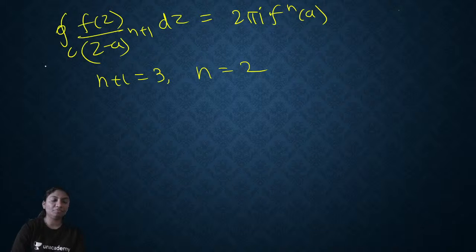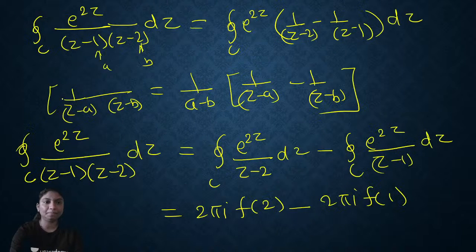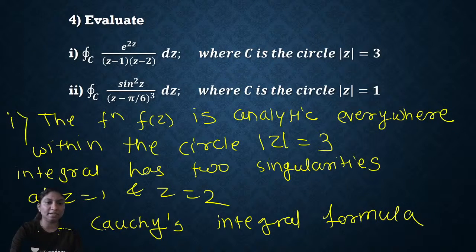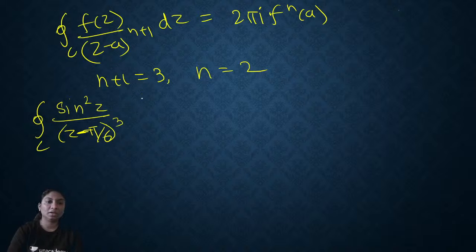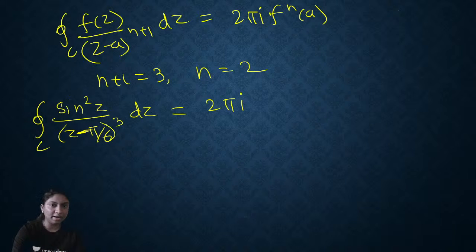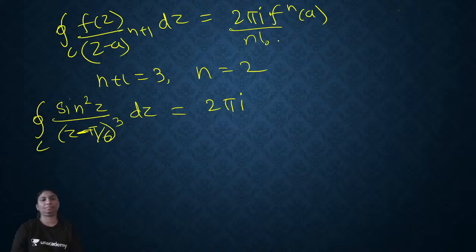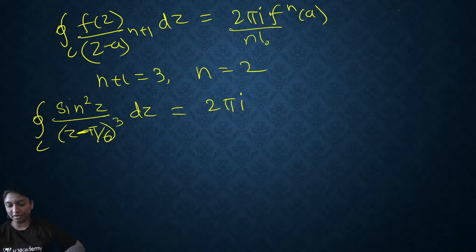So totally your integral becomes integral over C of sin square z upon (z minus pi by 6) cube dz is equal to 2 pi i upon n factorial into f raised to n at a.